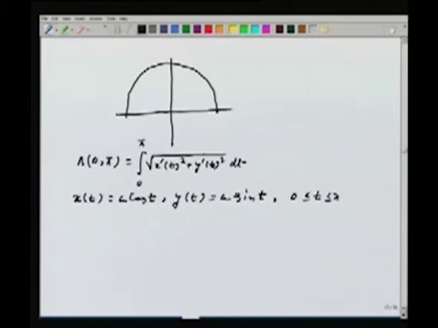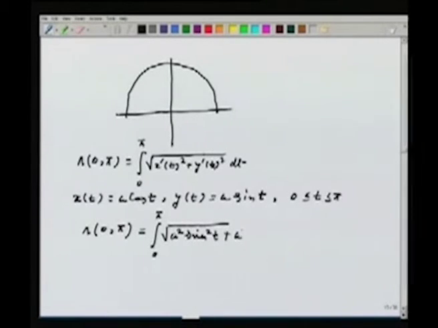I can put all these quantities in to get lambda(0,pi) equals integral 0 to pi square root of a squared sine squared t plus a squared cos squared t dt, that is a times integral 0 to pi dt, that is pi a.